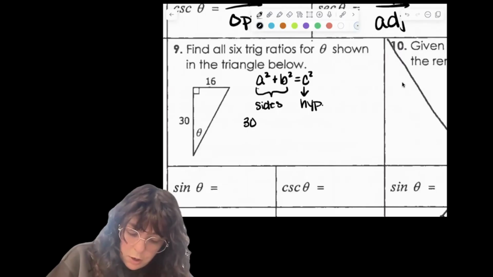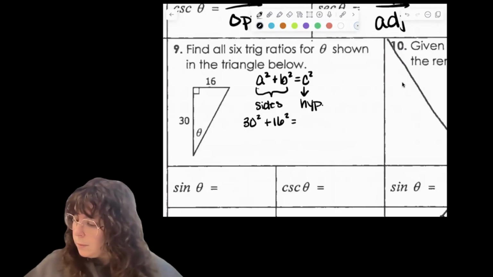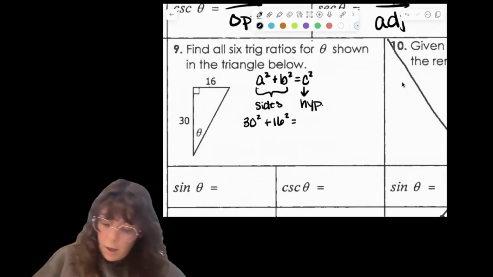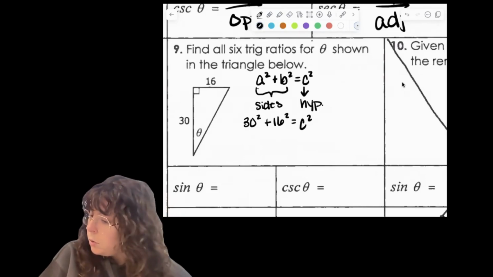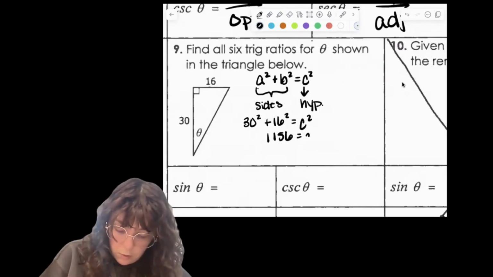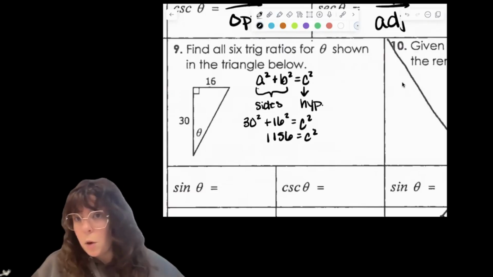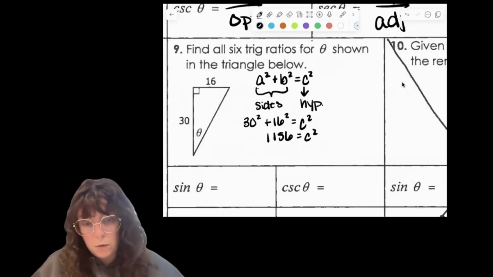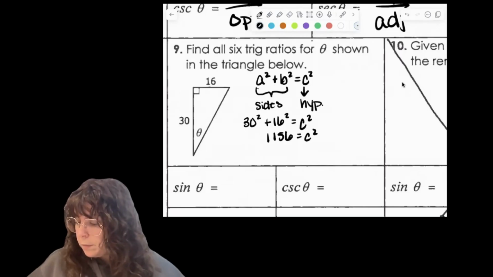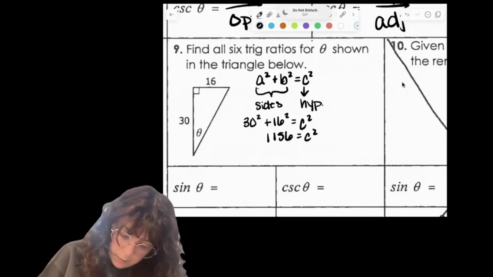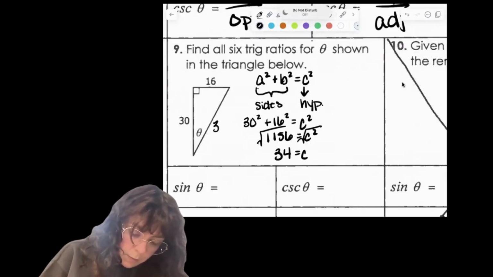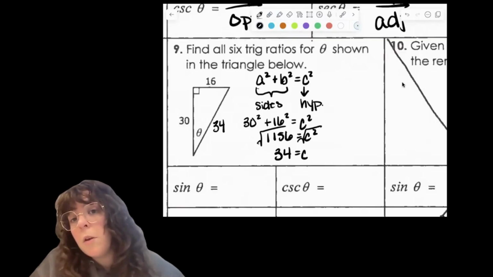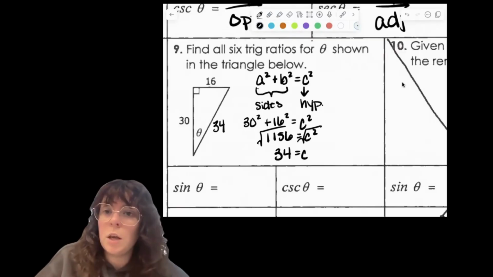We know that we've got 30, and then we can plug in 16, squared. And that gives us 1,156 equals c squared. But we want c. We don't want c squared. We just want the side, not the side squared. So we're going to take the square root of that, and we get 34. You won't necessarily have to know how to do that, but it's good review. You might need to know how to do it for the check-in or the EOC.